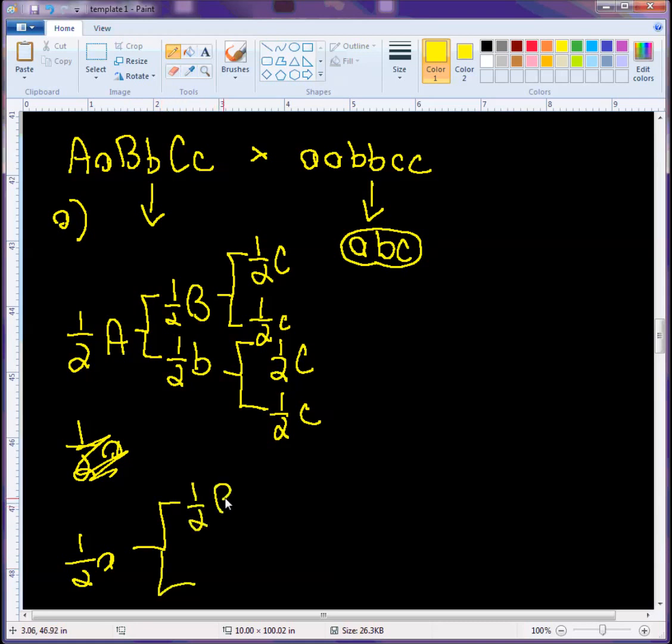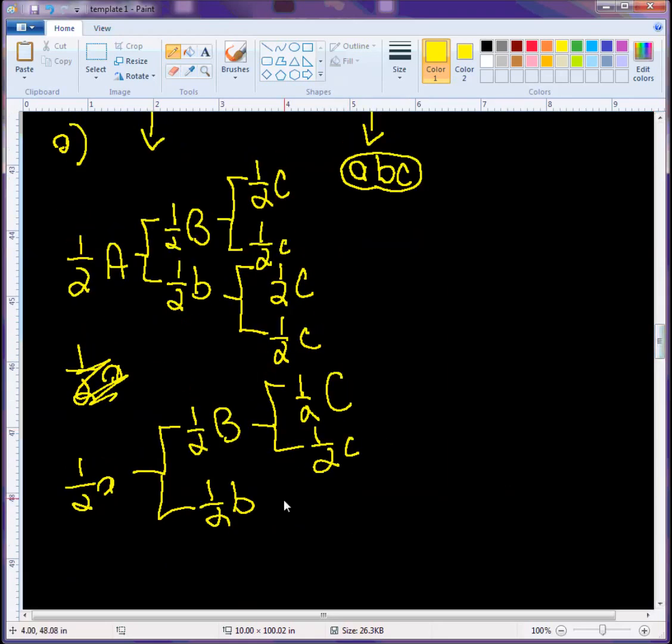1/2 of those little a's can be big B, 1/2 can be little b. Big C there, little c there, and 1/2 big C there, 1/2 little c here.